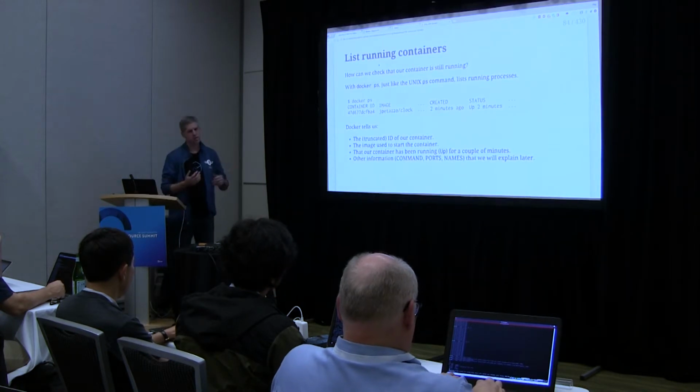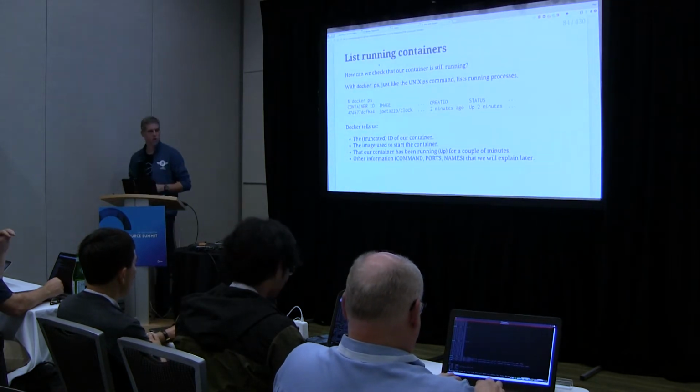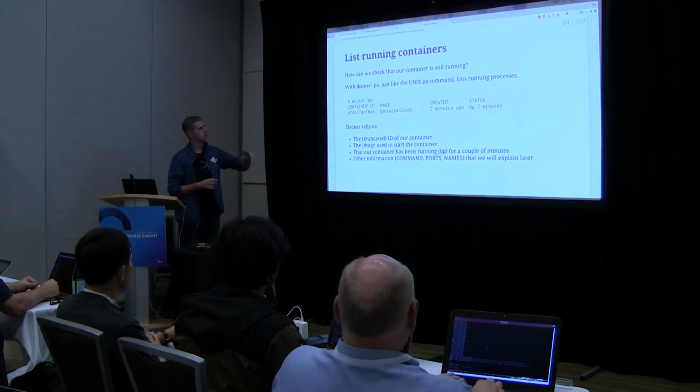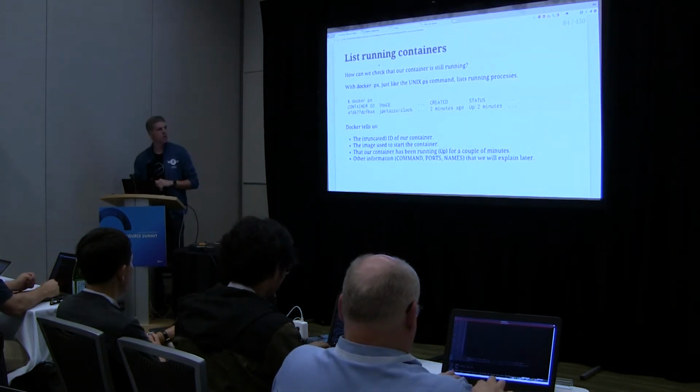So how do we know that's actually running? How do we know what's going on? One of the most common tools that people use with Docker is the docker ps command, which is named that way because it has similarities to the ps command on Linux.